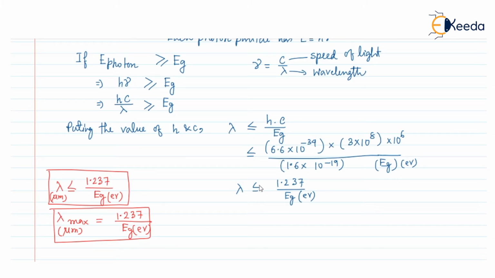Not all the wavelengths of light can be absorbed, only this range of wavelength will be absorbed by the semiconductor, and this is called the critical wavelength.